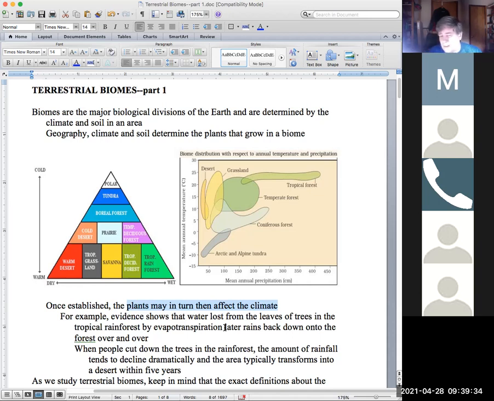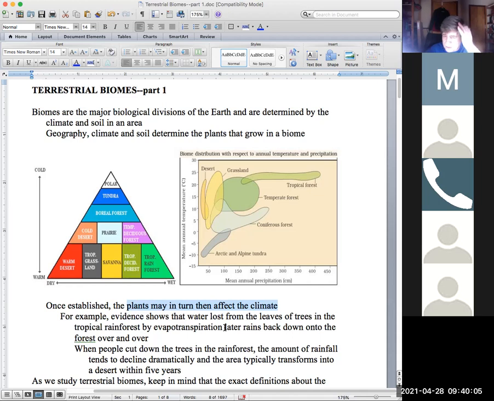Now, we might think this is just an interesting fact, except as people have started cutting down the rainforest, we've discovered something not so good about the fact that the trees actually produce a lot of the rain in the rainforest. What happens if you cut down the trees in the rainforest? As happens in some countries, the trees get cut down either for lumbering to sell to industrialized countries for our furniture, or they get cut down for firewood.